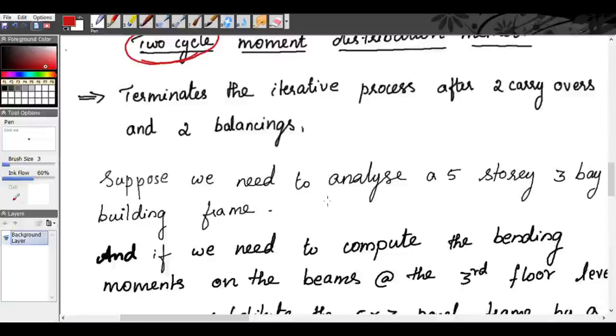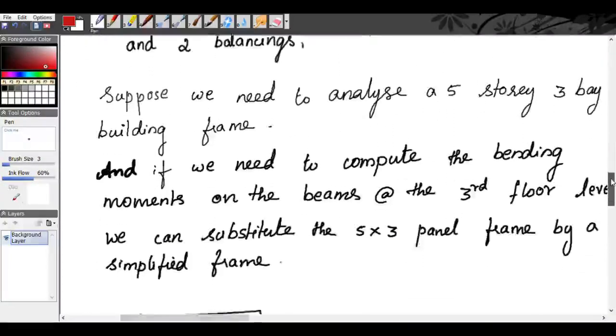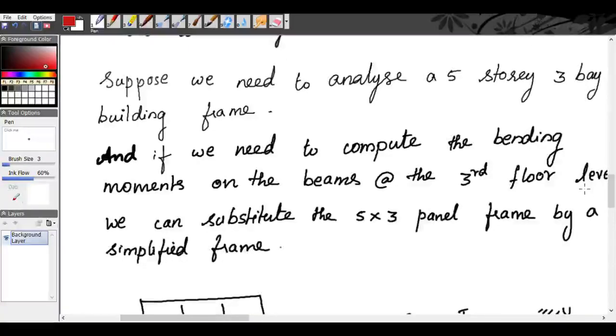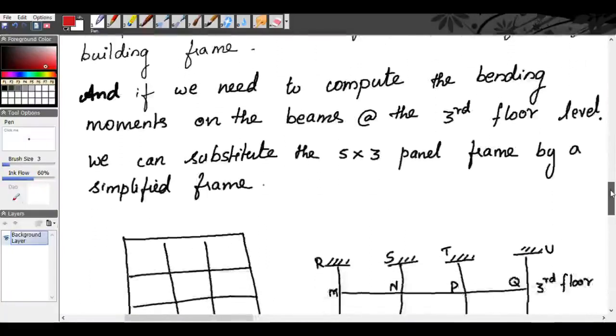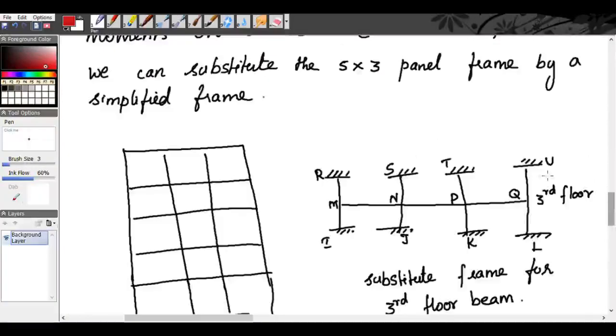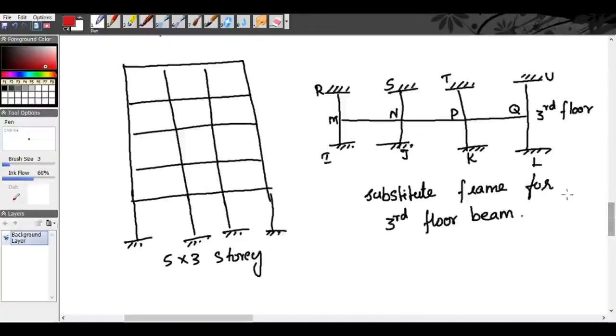Suppose we need to analyze a 5-story 3-bay building frame. And if we need to compute the bending moments on the beam at the 3rd floor level, we can substitute the 5x3 panel frame by a simplified frame. Simplified means we call it a substitute frame. Here you can see this is a 5-story 3-bay frame.